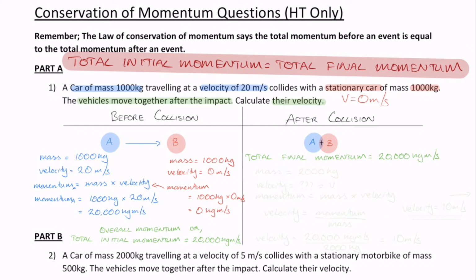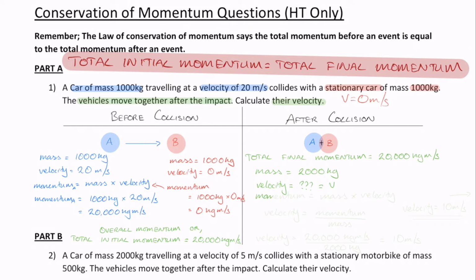We also know that as the bodies move together, their mass is combined, and the total mass is therefore 2,000 kilograms. Velocity, however, is unknown, so let's just call that v.